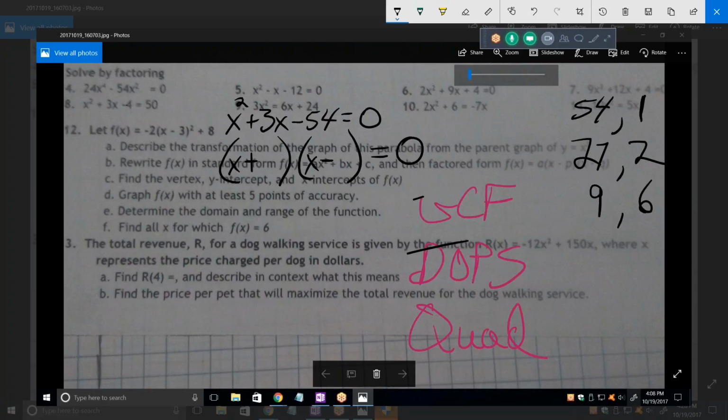Now I think I just found my answer. I was looking for factors of 54 that subtract to the number 3. The 9 goes with which number and the 6 goes with which number? The larger factor goes with the sign of the middle term. The middle term has a plus sign on it. So the 9 goes there, the 6 goes there.